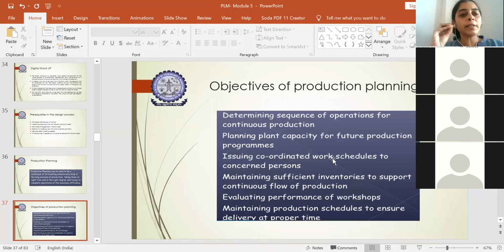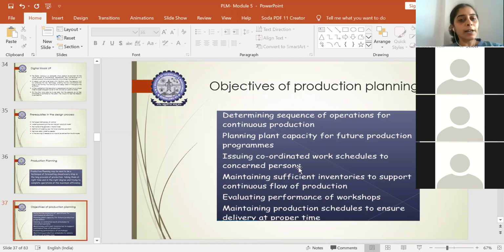What is the percentage of load assigned to each individual under the supervisor? The work packages will be assigned to each individual and the time schedule will be given. What is the time constraint for each individual? Some will be working in the morning shift, some in the night shift. Their work package, time schedule, everything has to be planned so that the continuous production goes on very smoothly without any drawbacks.